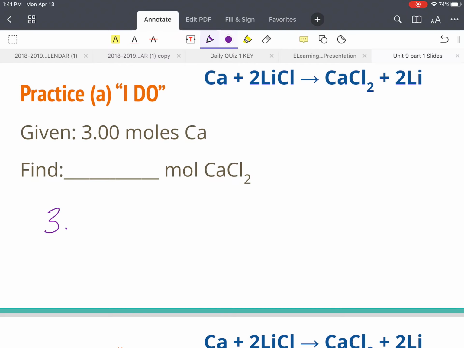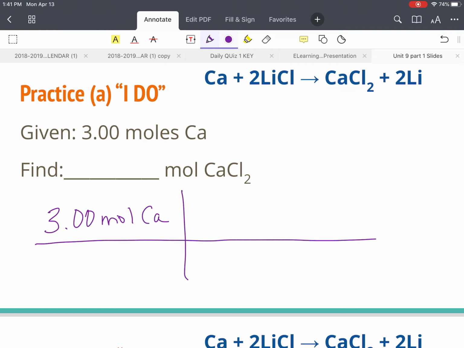So what am I given? I'm given 3 moles of calcium. I'm going to set up my train tracks. What do I know right off the bat has to go on the bottom? It has to be moles of calcium. And I'm looking for moles of calcium chloride.